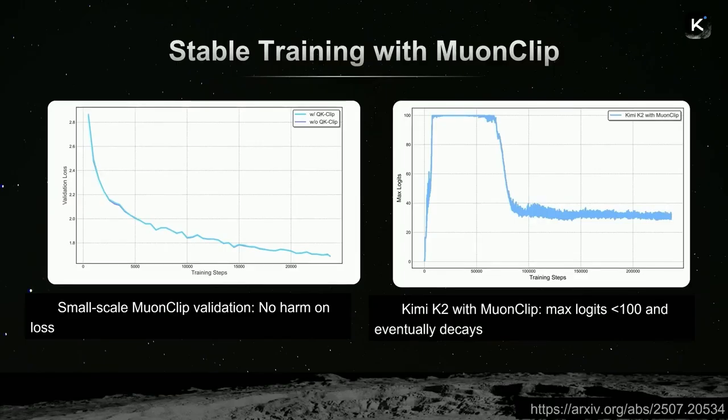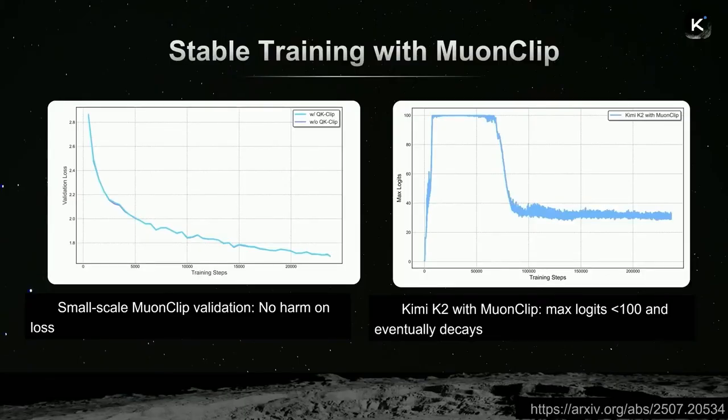It first explodes as before, but at the value of 100, it's clipped at a constant value for a long time. And then after a certain number of steps, it just naturally goes down. So the neural network finds a way to constrain the maximum value of the max logit to ensure a stable training process.